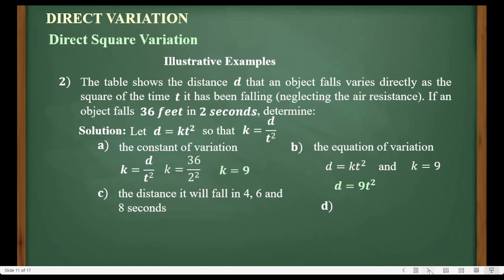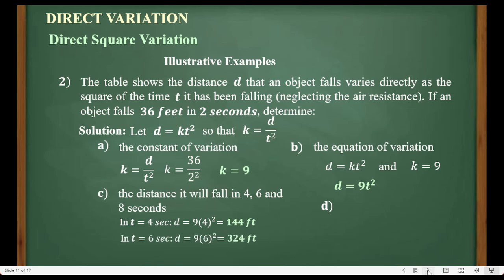And for letter C, the distance the object falls in 4, 6, and 8 seconds. If the time is 4 seconds, how far does the object fall? We make use of this equation. Replace t by 4. This is already the expression, and you simplify that, it's 144 feet.